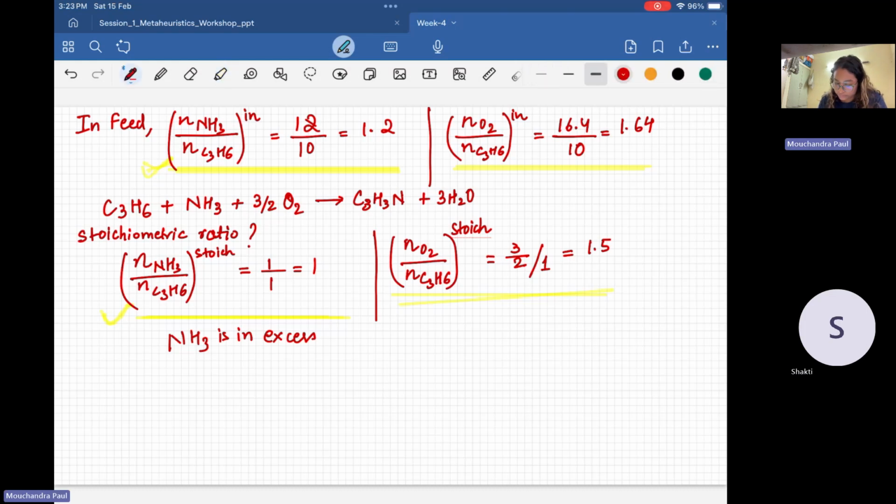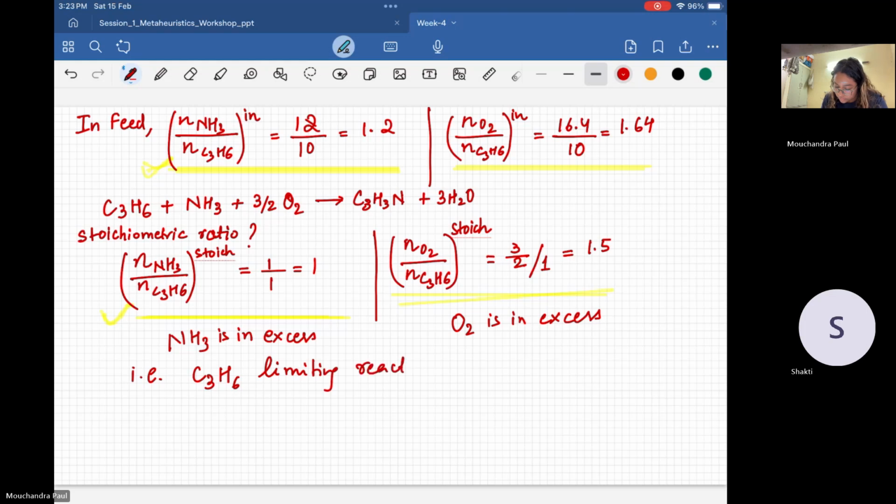Yes. So if these two are in excess, this means propylene is the limiting reactant. Yes, correct. All right, so part A is done.